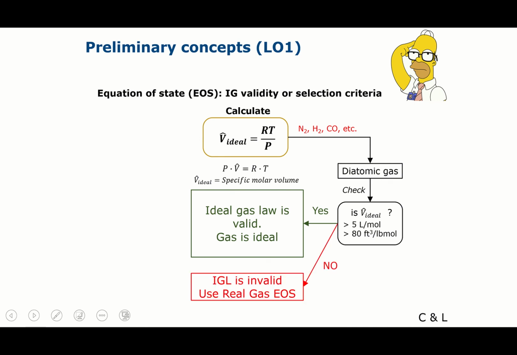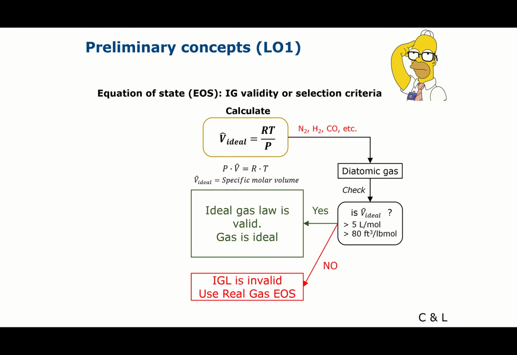If the answer is no, meaning the specific molar volume is less than 5 liter per mole, in that case ideal gas law is not valid, and we have to use real gas equations of state like van der Waals equation. What is the reason for that?